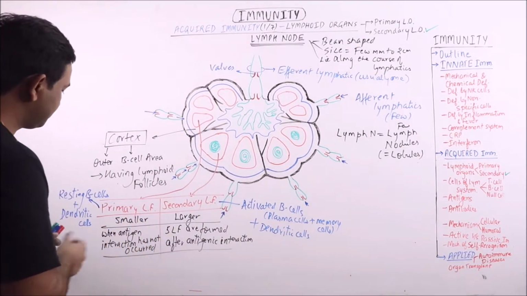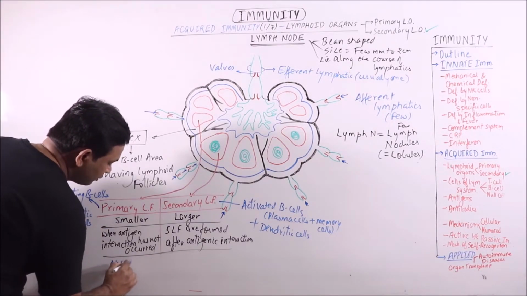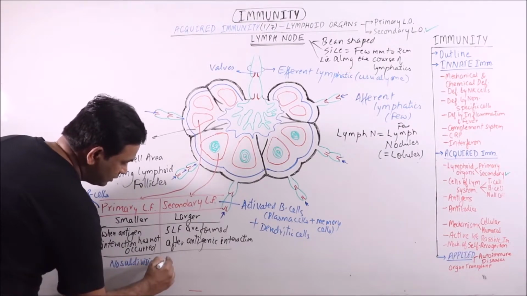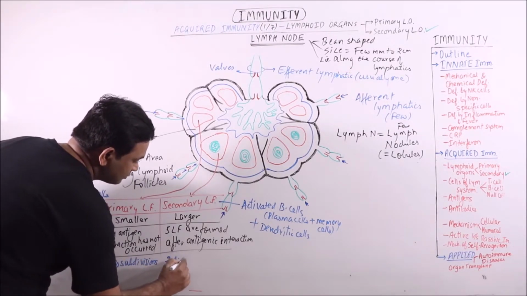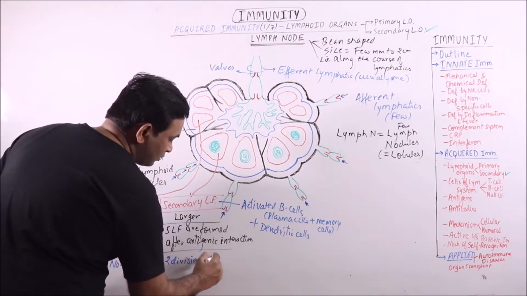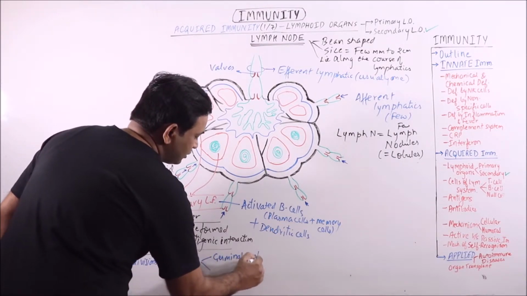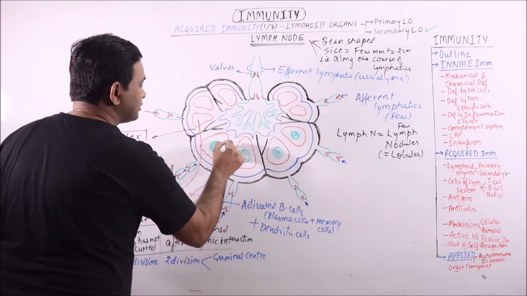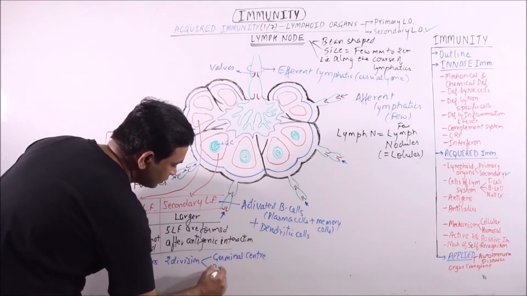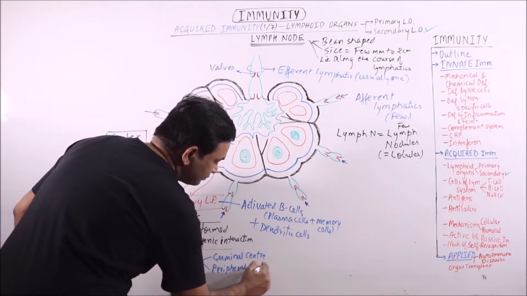Now a primary follicle is having no subdivisions, while there are two divisions in secondary lymphoid follicle. First one is germinal center, which is on inner side. This one is germinal center. And the second one is peripheral mantle area.